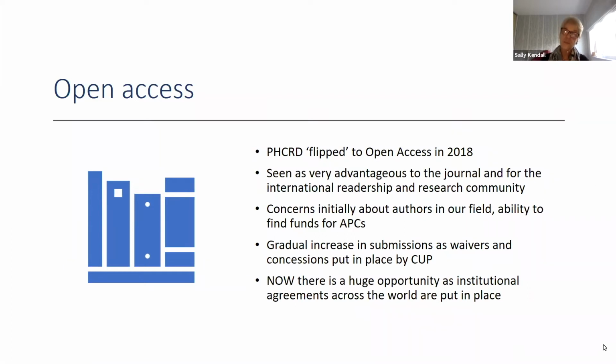And now that we're involved in the institutional agreements across the world, this has provided a huge opportunity for researchers with access through their institution to gold open access to the APC charges being covered. That has made, we think, a great difference to our authorship. Next slide, please.